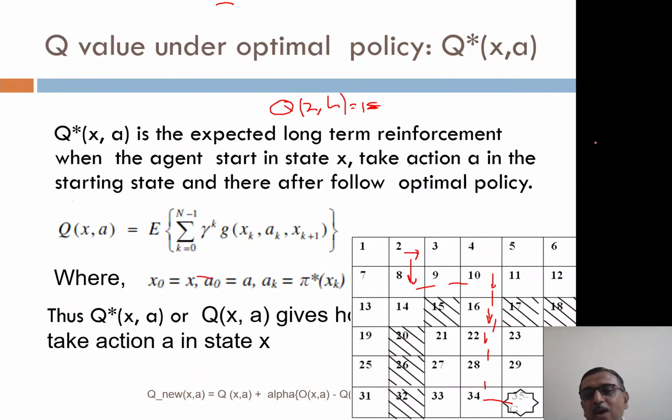So instead of saying go down, pi star of 2 will be a probability distribution, where going right will have a probability of 0.5 and going down will have a probability of 0.5, and going left and going up will have probability 0. Whereas when you are in 16, going down will have probability 1 and going left, up and right will have probability 0. So reinforcement learning can learn optimal stochastic policy also. But don't worry, we will consider a deterministic problem to understand the terminology.